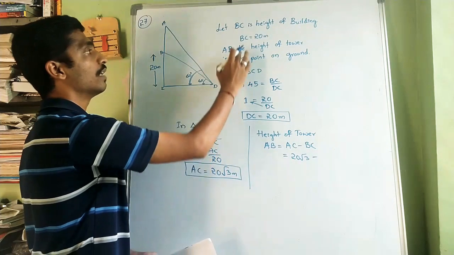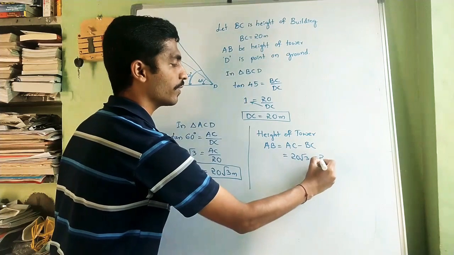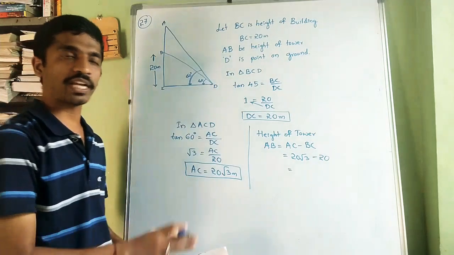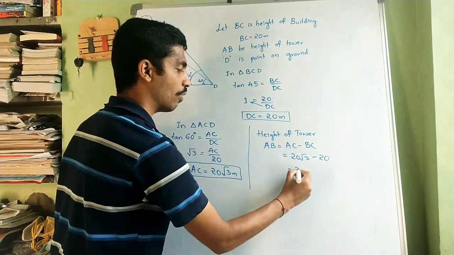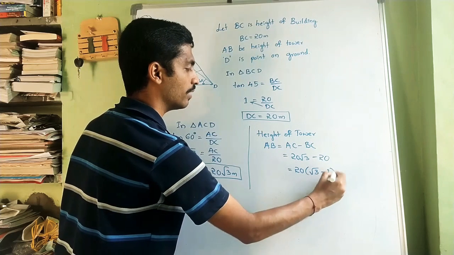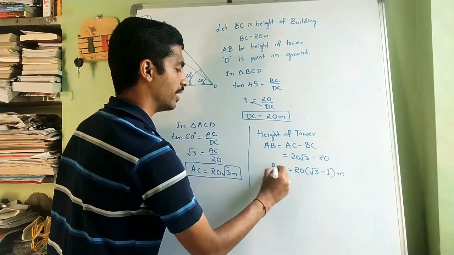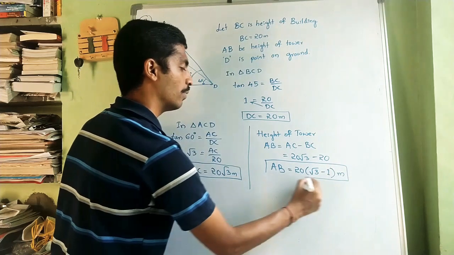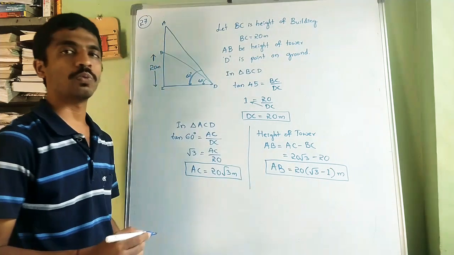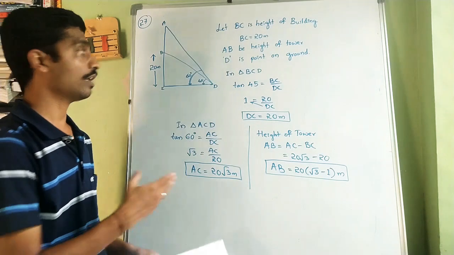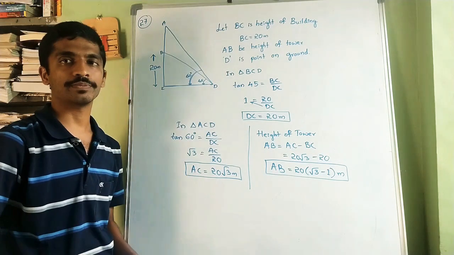BC is what? Already we know that, 20. Here they didn't mention the root 3 value, so just keep it like that. Take the 20 common, so it becomes 20 into root 3 minus 1 meter. So AB equal to 20 into root 3 minus 1 meter. So this is our answer for the height of that tower.